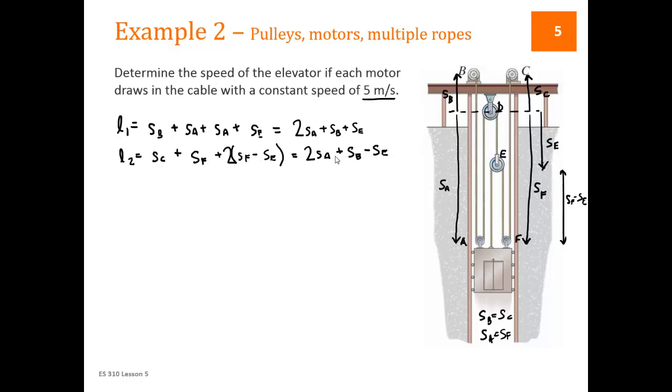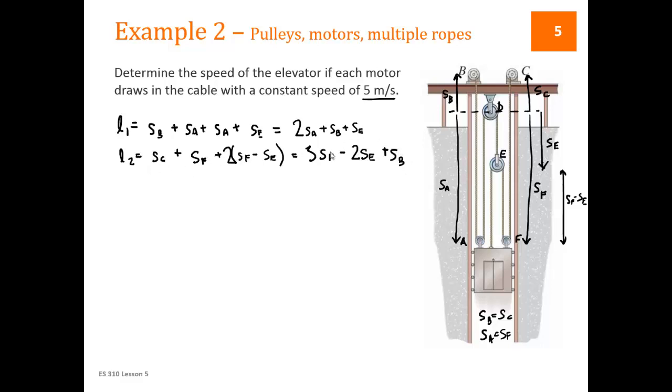So then we have 3 SF minus 2 SE plus SC, which was the same as SB.